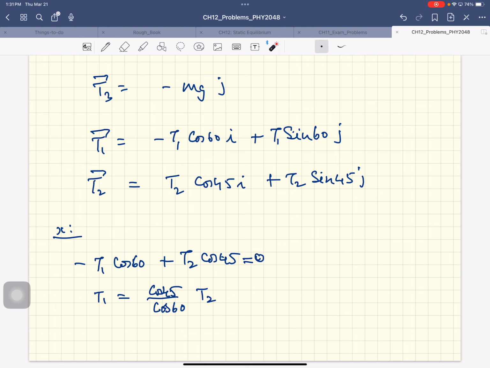What I did was bring this over there and then divide by cosine 60.